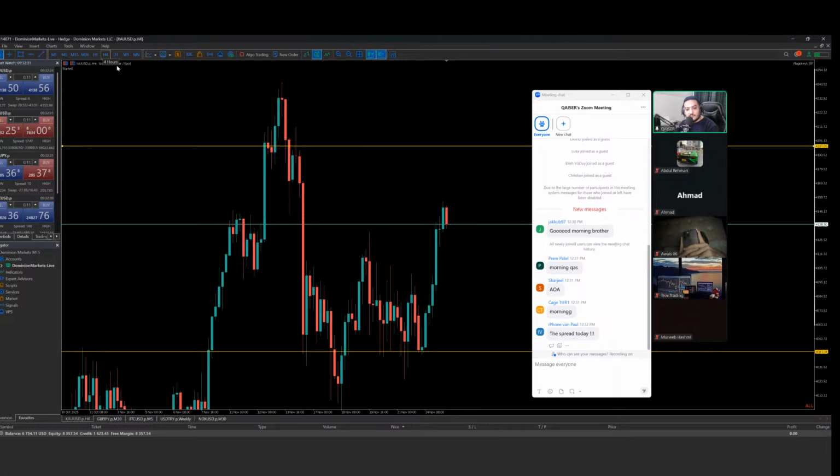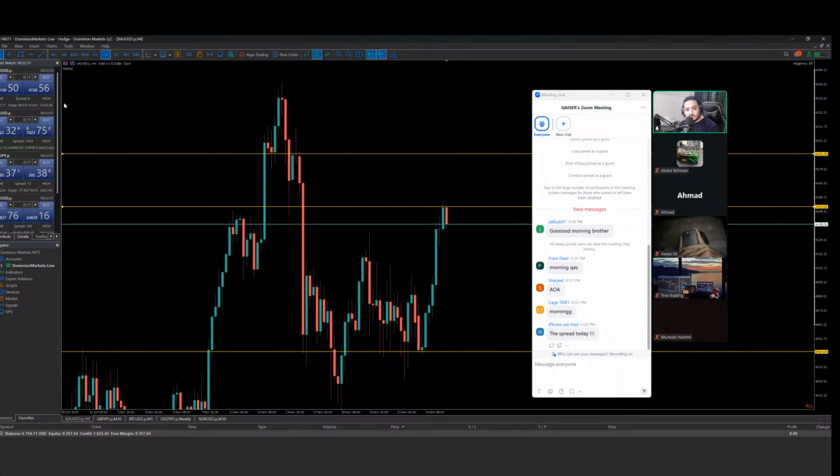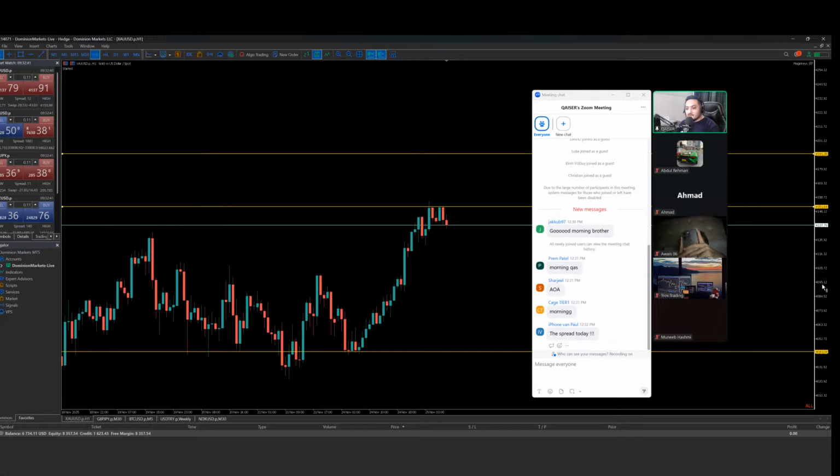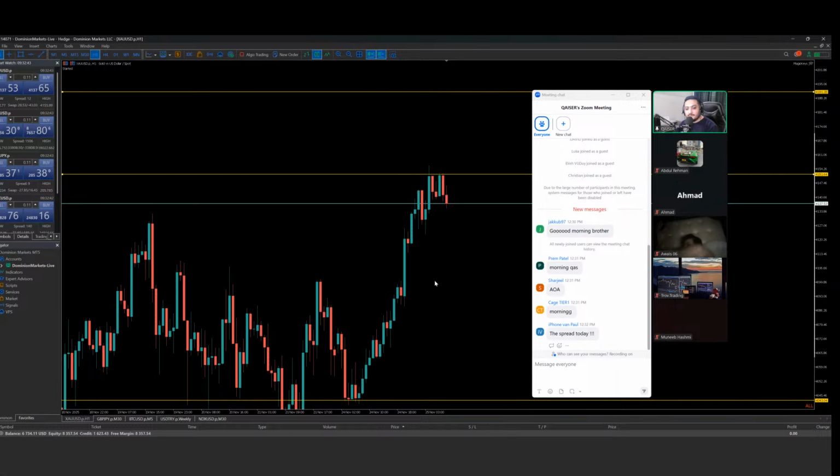For a deeper view, let's jump from the higher time frame to the lower time frame, from H4 to H1. On H1 you can see we're pushing to the downside towards another support here. We need to see deeper what's going on.